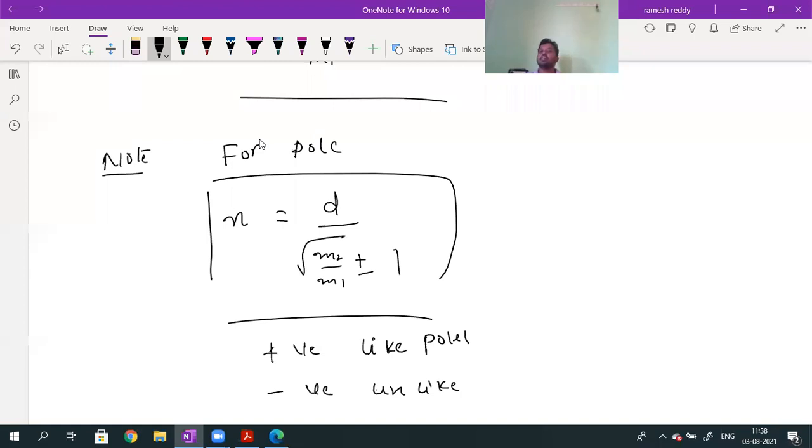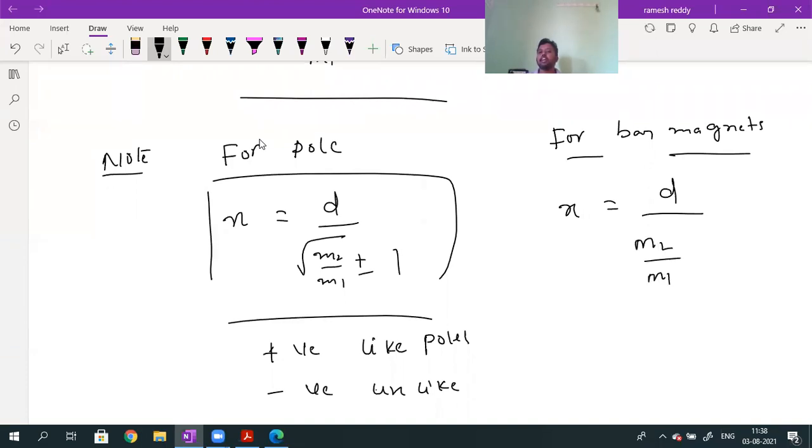When we consider the bar magnets instead of the poles, the X formula will be given by D divided by capital M2 by M1 whole to the power of 1 by 3, plus or minus 1.